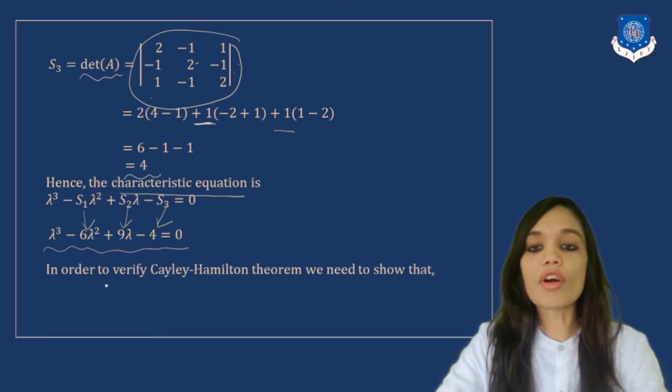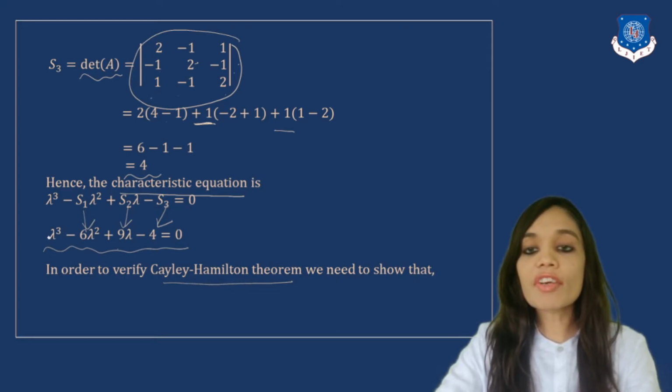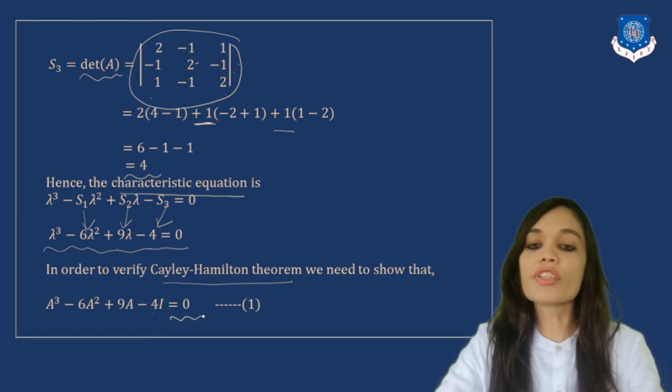So now in order to verify the Cayley-Hamilton theorem, we need to show that whenever we replace lambda by A, that is A cube minus 6A square plus 9A minus 4I should be equal to 0. We'll name this equation 1.